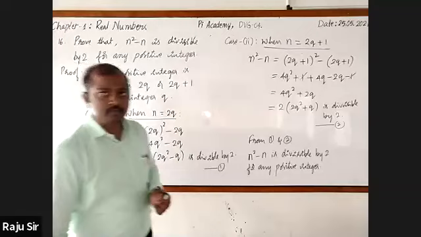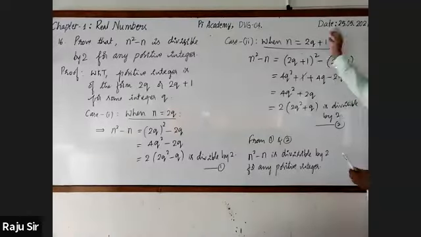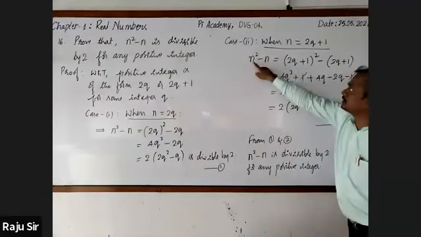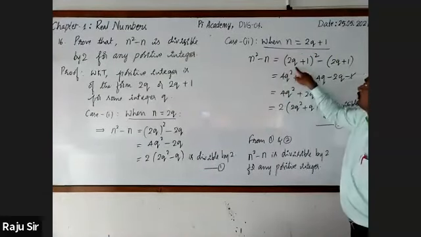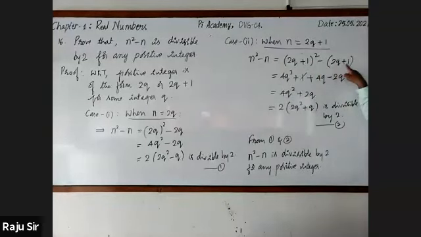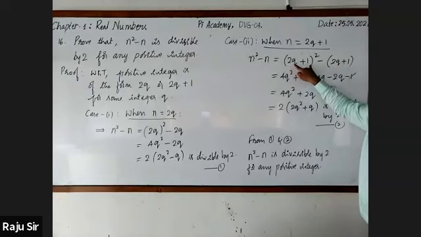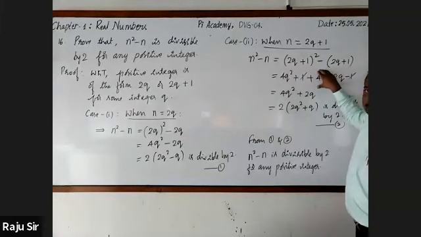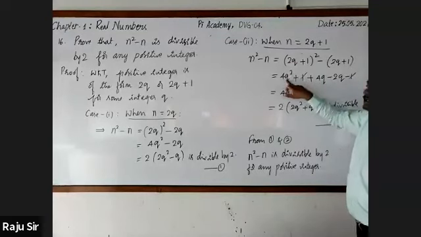Sir, explain once again, case 2. Here n is 2q plus 1. In place of n, that should be substituted. n square is 2q plus 1 whole square, minus n, so minus of 2q plus 1. Now this is of the form a plus b whole square: a square plus b square plus 2ab. A square, 2q whole square is 4q square.